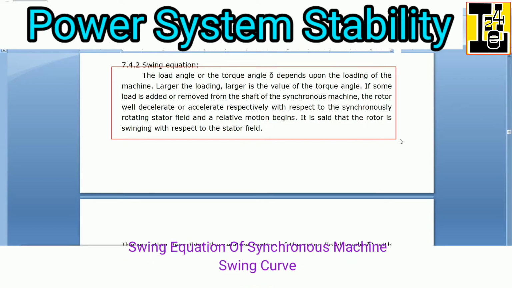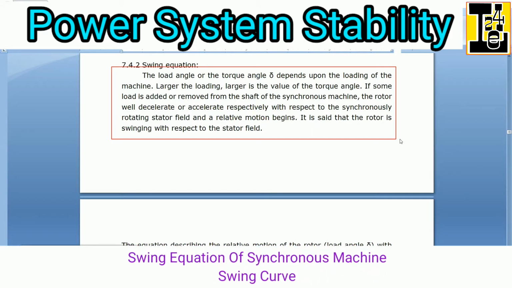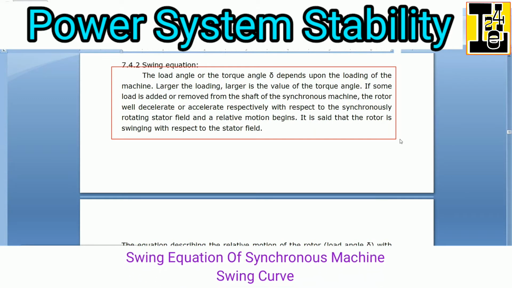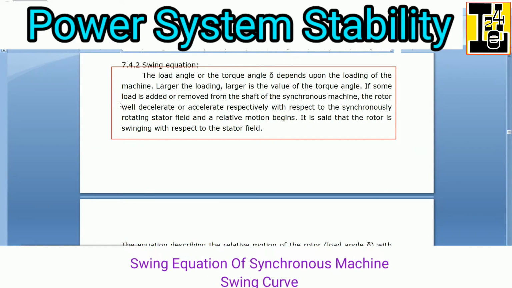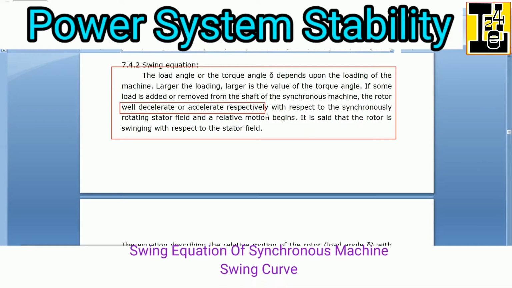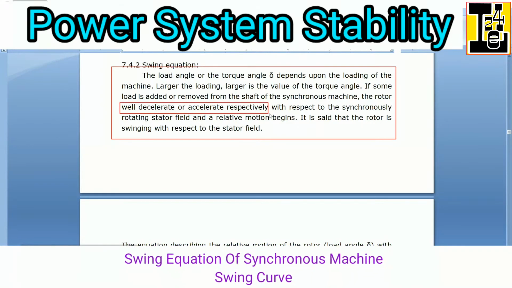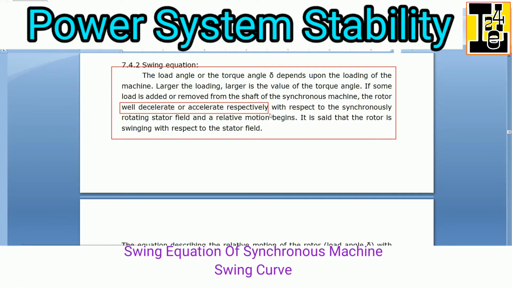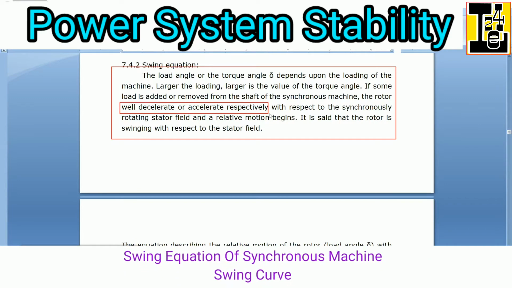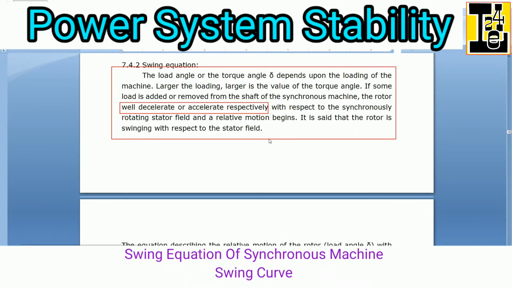If some load is added or removed from the shaft of the synchronous machine, the rotor will decelerate or accelerate respectively with respect to the synchronously rotating stator field, and relative motion begins.